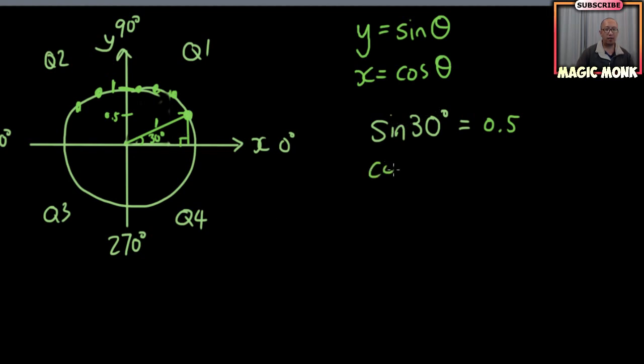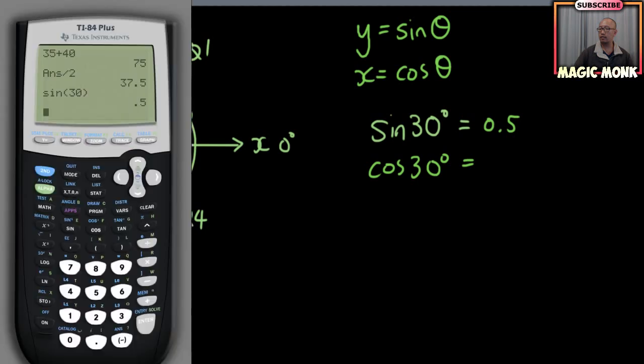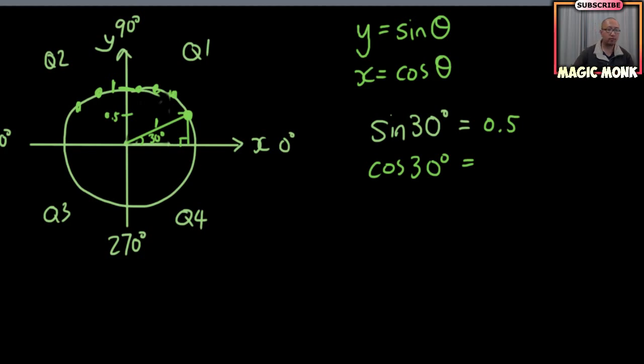So let's do cosine of 30 and see what the coordinates are. Cosine 30, and we got 0.866.